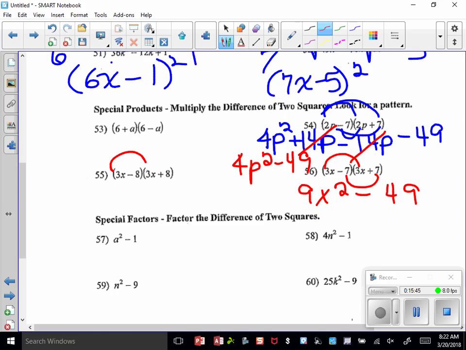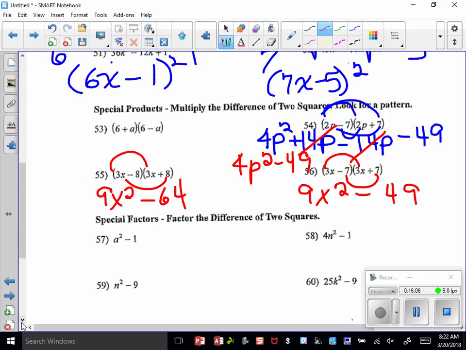You're not going to have a middle term, so they're going to cancel out because they're opposite, so you would not necessarily have to FOIL it completely out. But guess what? You can. So these are just special cases.